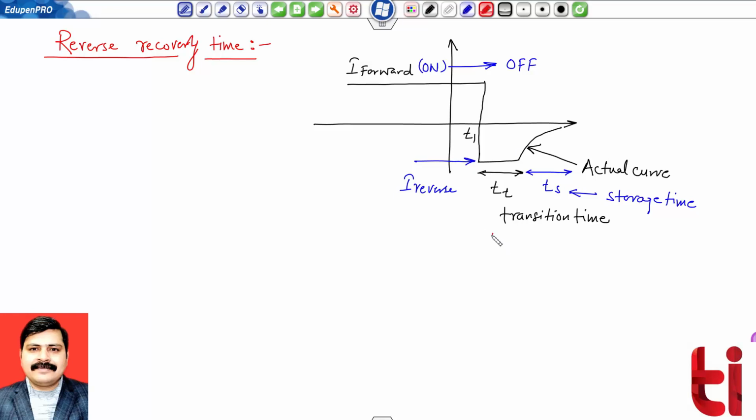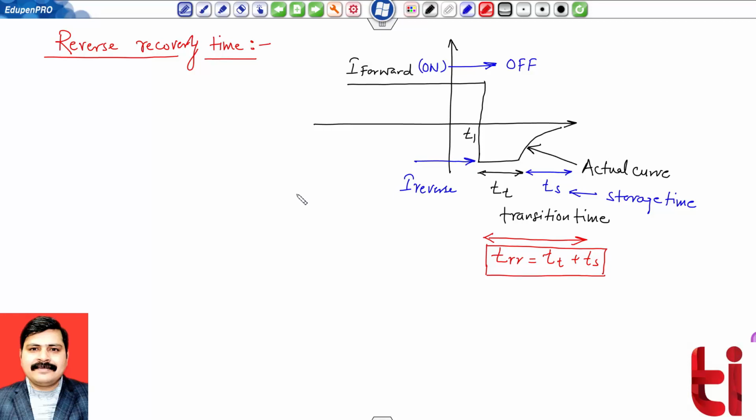If I combine these two, I will have TRR, reverse recovery time, which is my TT plus TS. That means my reverse recovery time is transition time plus storage time.